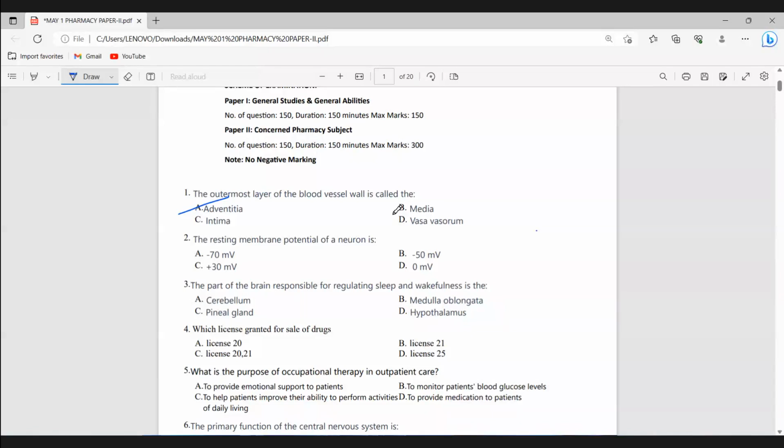Whatever cells are present in your adventitia and media layer, to those cells this vasa vasorum will provide nutrients as well as oxygen. Did you note what I told you?